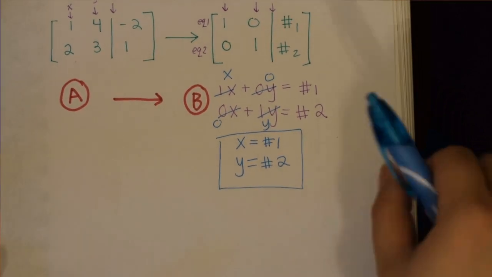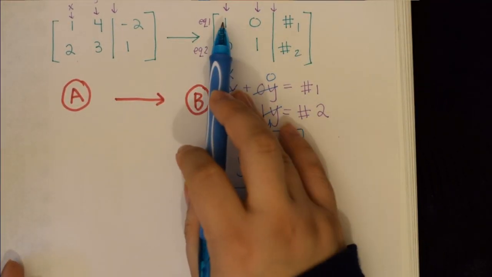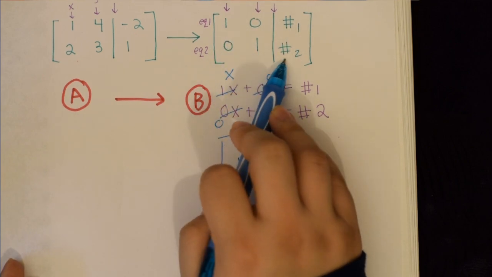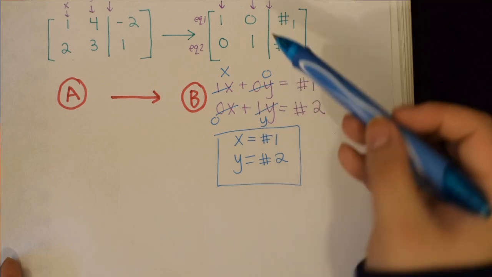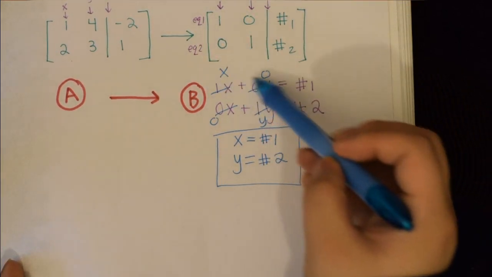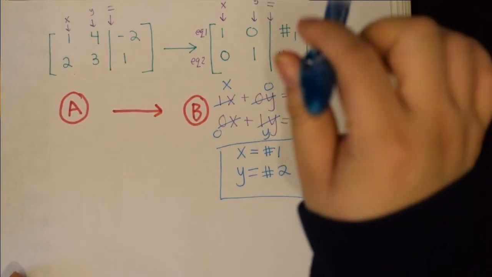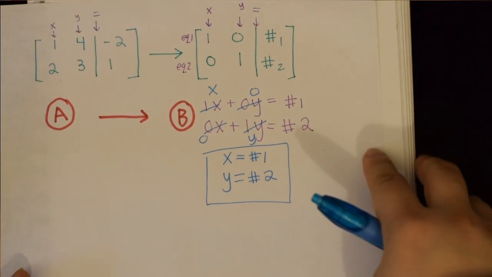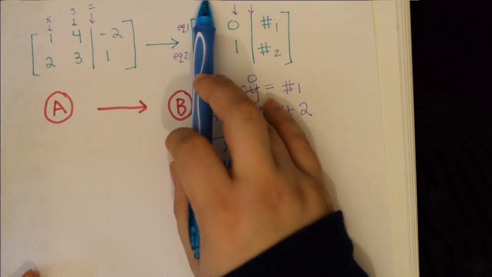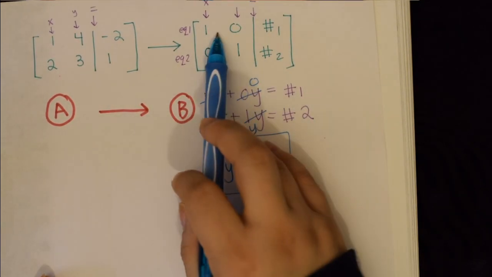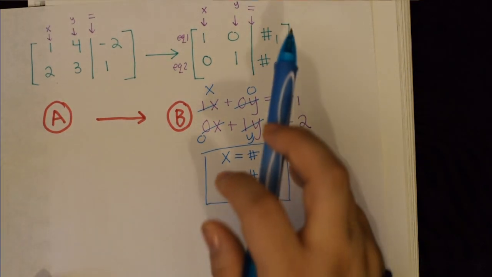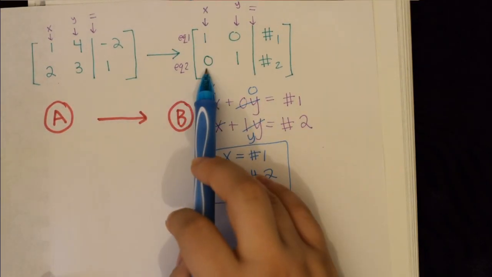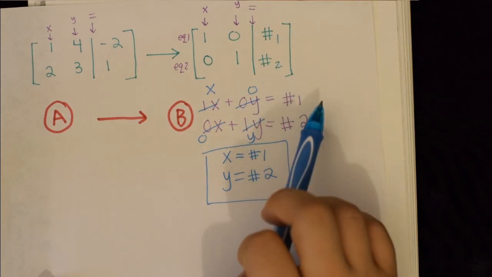Because if I have this matrix 1, 0, some number, 0, 1, and then some other number, and then if I expand this back out, like if I write this matrix in terms of a system of linear equations, I get 1x plus 0y equals this number 1, and then 0x plus 1y equals number 2.